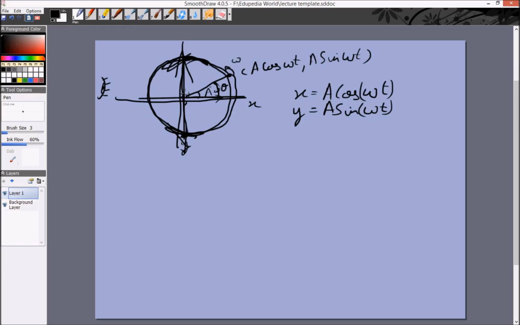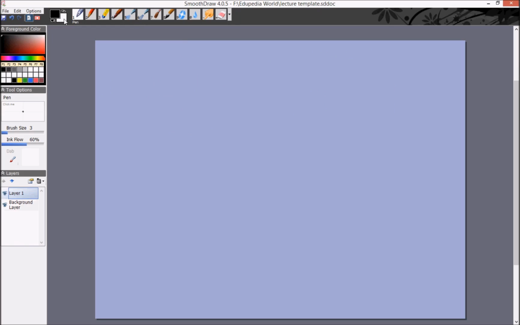So let's say I'm adding two SHMs in the perpendicular direction. The first one is x is equal to a1 sin omega t. The second is y, in this case, not x1 and x2, is a2 sin of omega t plus delta, right?